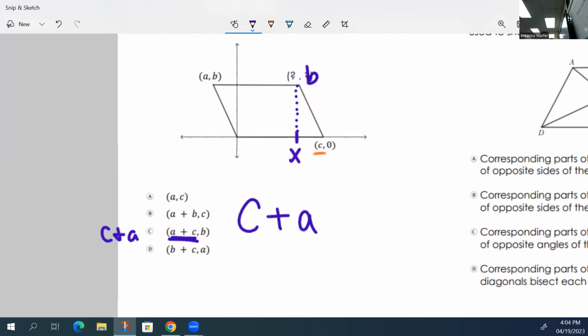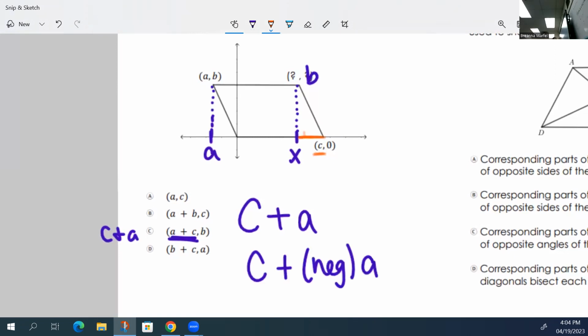So let's look at our A value. This is your A value, okay? First things first, it's a negative value. So really this is C plus A. Negative value for A, which is going to compensate for going a little bit left on the Y-axis. So that is one reason why they're adding.